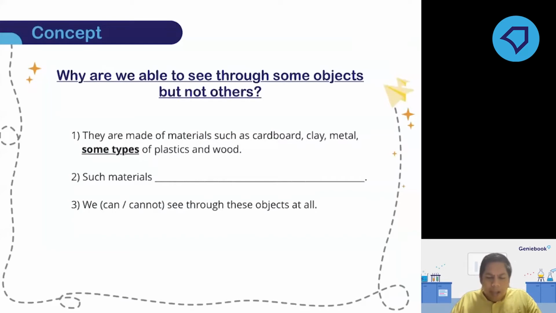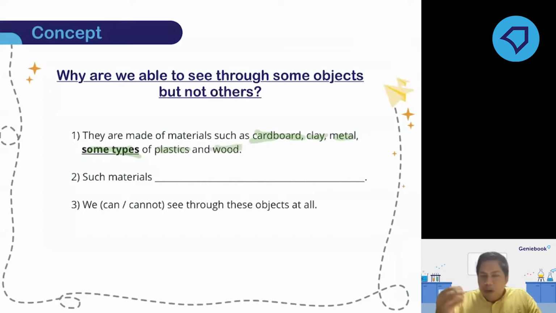So why are we able to see through some objects but not others? There are objects that are made of materials such as cardboard, clay, metal, and some types, so be careful, some types of plastic and wood.